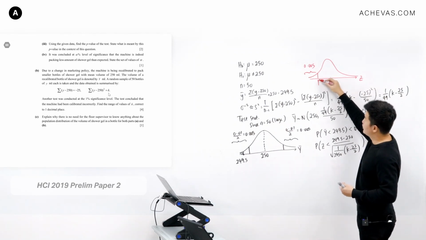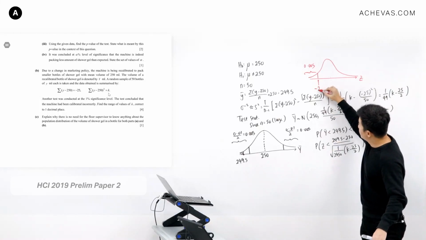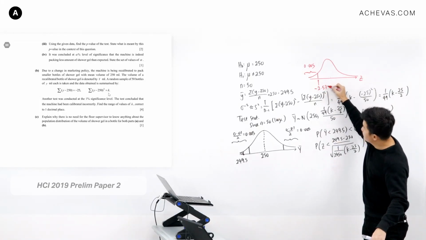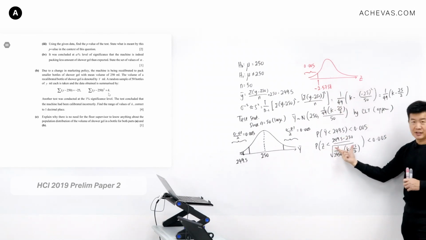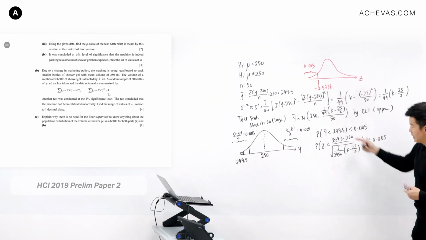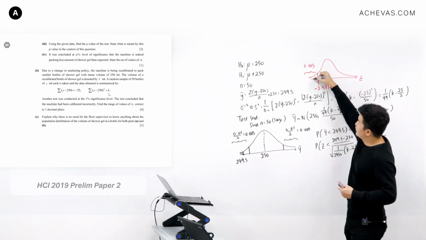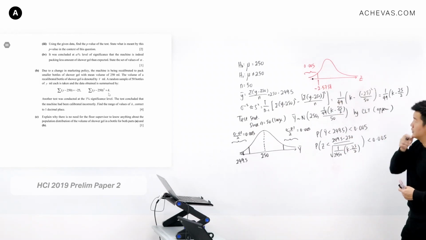So I can press into my calculator this. If I were to press into my calculator, this is equal to minus 2.5758. And since the area that is on the left-hand side of this is less than this 0.05, then I know this number here has to be on the left-hand side of negative 2.5758.